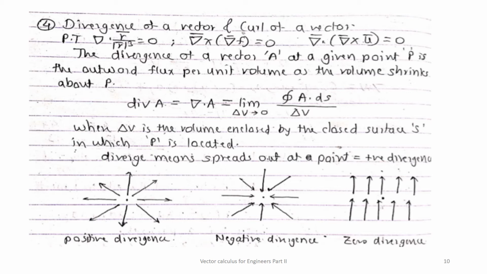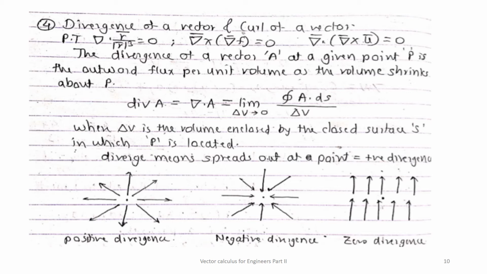So here divergence of a vector A at a given point P is the outward flux per unit volume as the volume shrinks about P. So mathematically you can say the divergence of A is equal to limit delta V tends to 0. Delta V is a small incremental volume, so it's a point, and from that point the vectors spread.